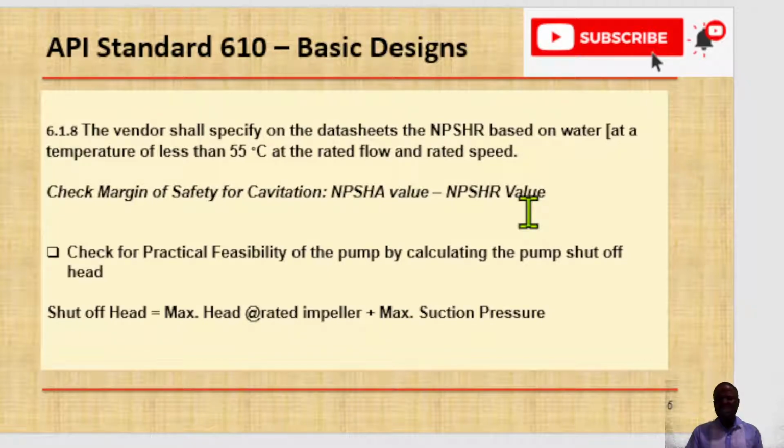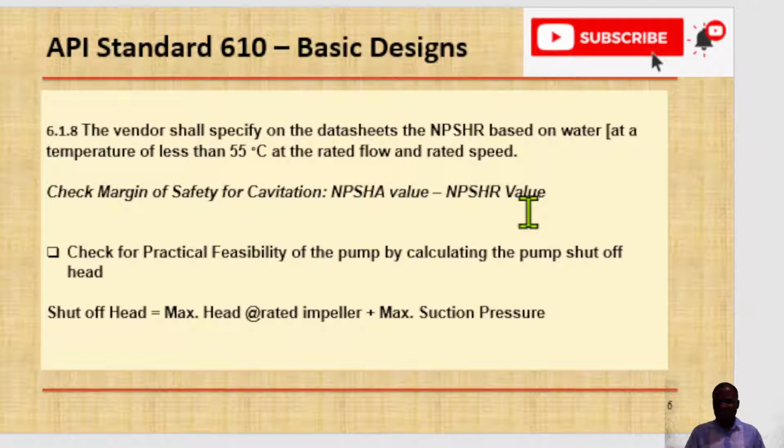So some of the things you check for during the technical evaluation of a centrifugal pump mechanical data sheet is the margin of safety for cavitation, by comparing the NPSH available, which is your system characteristic, and the NPSHR, which must have been specified by the vendor on the pump mechanical data sheet.